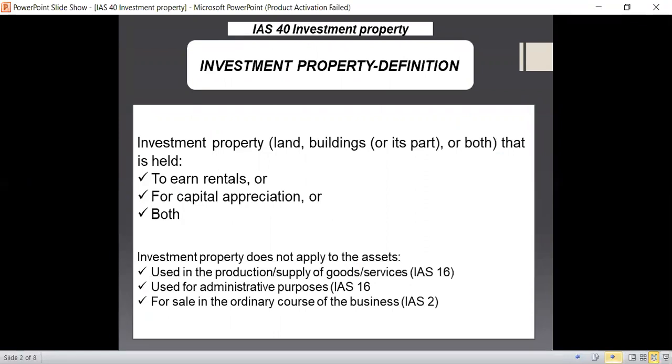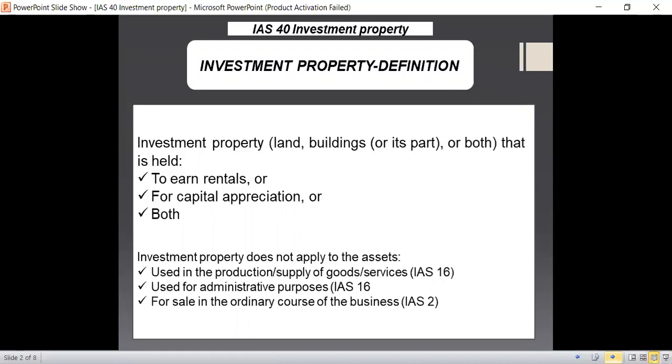So IAS 40 deals with immovable tangible assets that can be used to earn rentals or capital appreciation, that is making money through the increase in prices in the real estate market, or for both purposes.